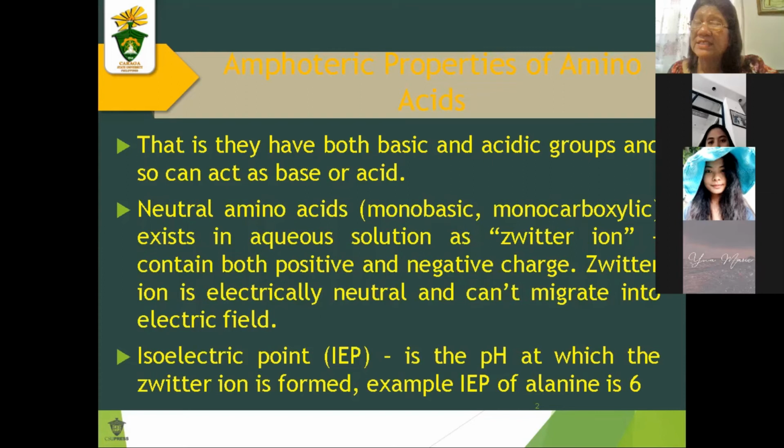For instance, we will take the simplest one, that's glycine. That's C, then H. What makes it amphoteric? It means they could act as either an acid or a base, both. So that is C, the central atom, CH, then COO negative. One H goes to your amine.